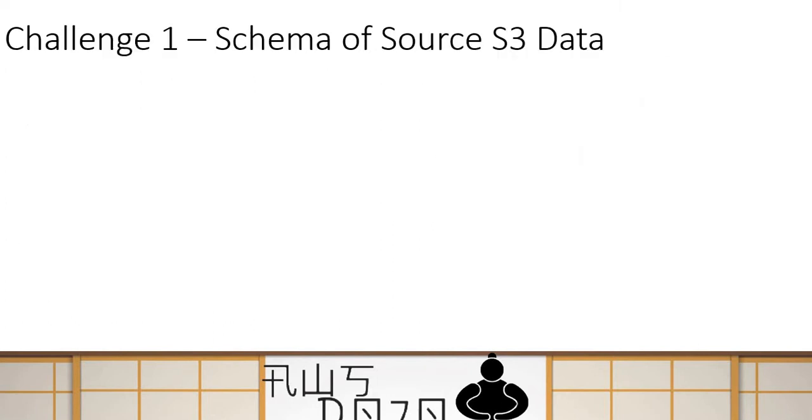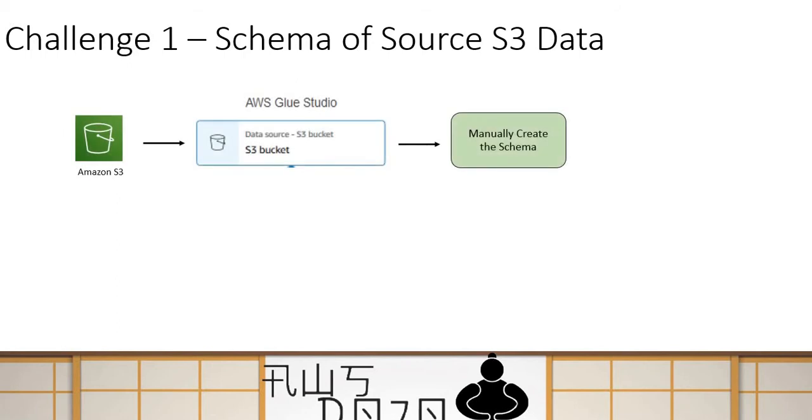So let's talk about challenge number one first. It's a very common scenario that you read data from an S3 bucket. Now, there were two approaches to it. One approach was that you read data from the S3 bucket directly.